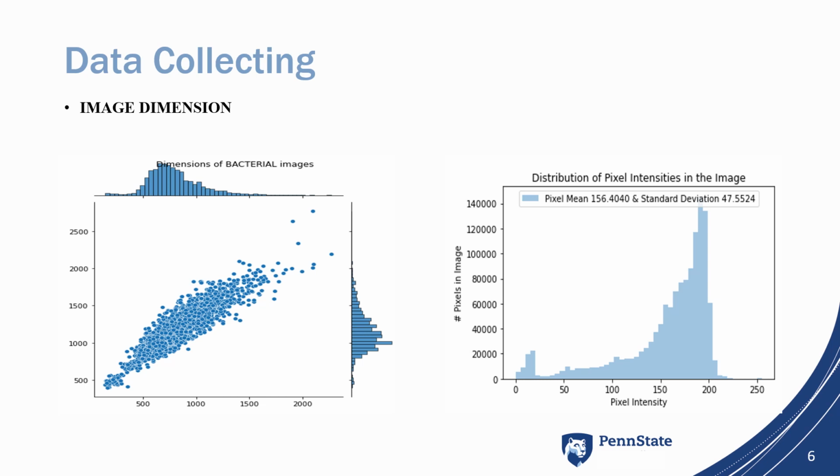Now we're moving on to the image dimensions. We try to know what is the best shape that we can apply to the dataset in order to get the model to process the image as efficiently as possible. We created a joint plot to see the sizes of the images found in the dataset. We can see on the left image, the dataset image dimensions range from less than 500 pixels to more than 2000 pixels.